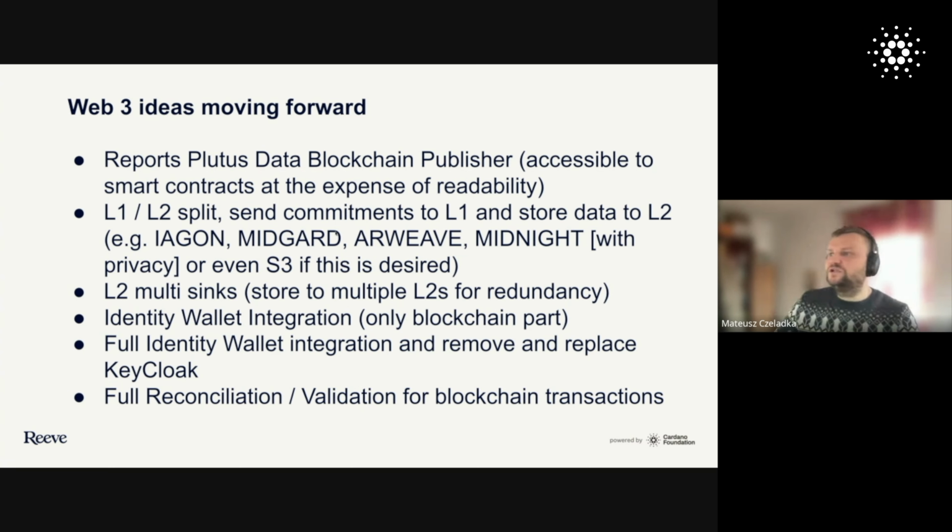If Reeve's validators decide to shut down the network, which shouldn't happen, there are some guarantees in Reeve. I was reading a document about a 100 years of data guarantee. But you never know. We are in a very young industry, who knows? Then you would have that on Ion, for instance, or on an S3 bucket. So that's what I call multi-syncs. A sync is where you store the database.